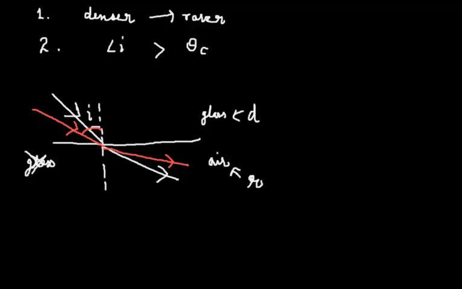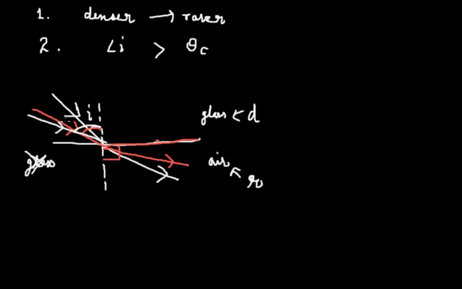At a particular value of angle of incidence, suppose this is the incident ray, what will happen? The refracted ray will follow this path, or it will make a 90-degree angle with the normal.